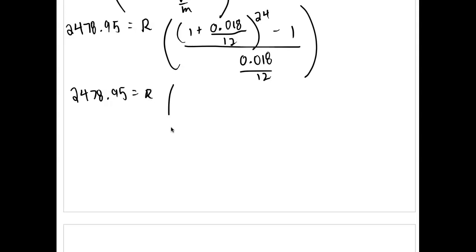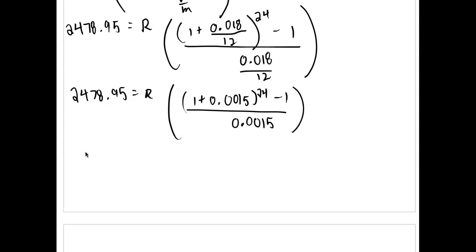So starting inside these parentheses, I get 0.018 divided by 12 gives 0.0015. And same thing in the denominator, 0.0015. The next thing I can do is go ahead and add 1 in the numerator.